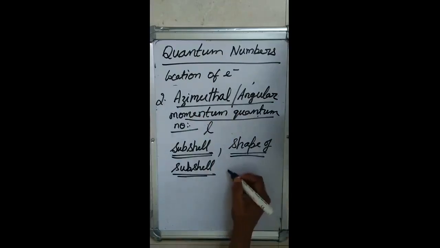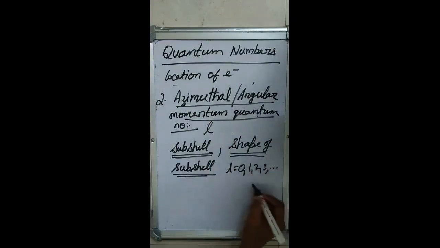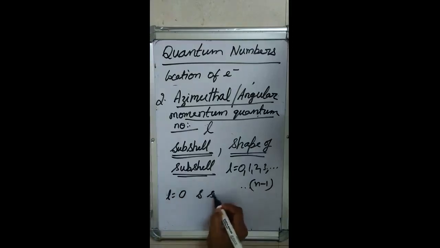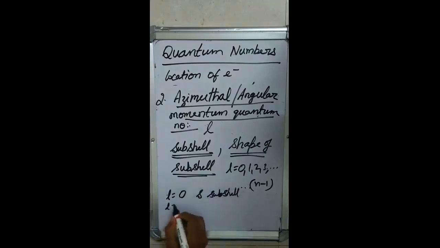That means L value starts from 0, 1, 2, 3, up to n minus 1. Now if L is 0, then it is called an S subshell. If L is equal to 1, then it is a P subshell.